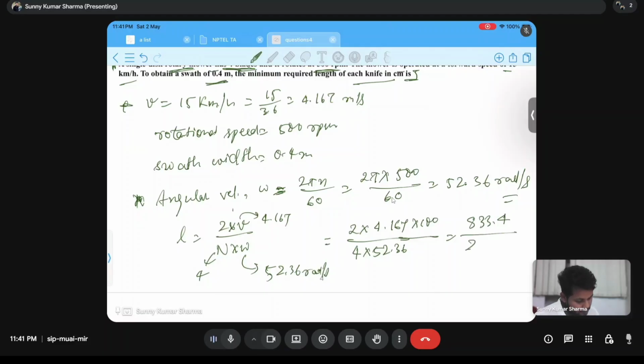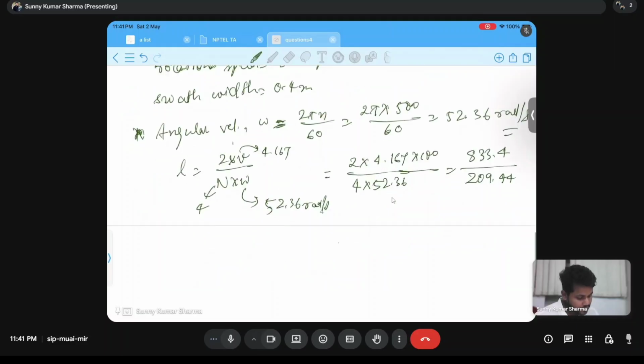It is equal to 209.44. So this value is coming as 3.97 centimeter.